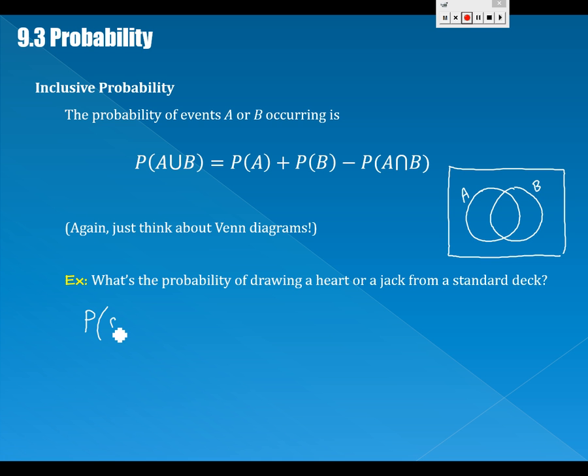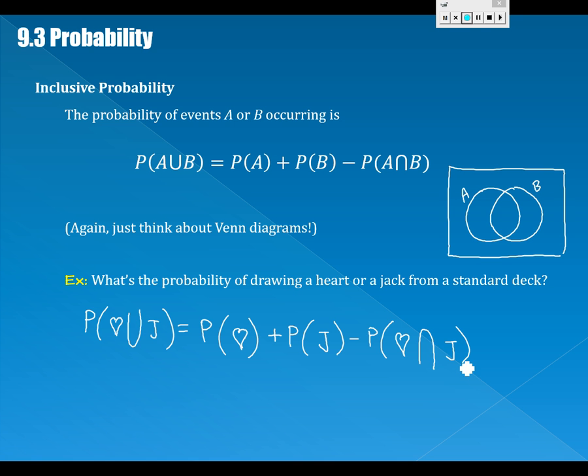What are we doing? A heart or a jack? Apparently that's supposed to be the probability of a heart plus the probability of a jack minus the probability of both, which sometimes can be just calculated by multiplying, but not here. But what are each of those probabilities, and when you add them up, do you get the right thing?